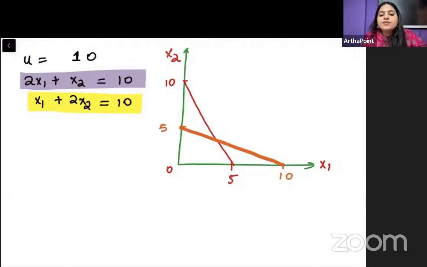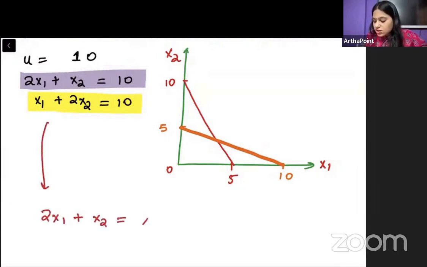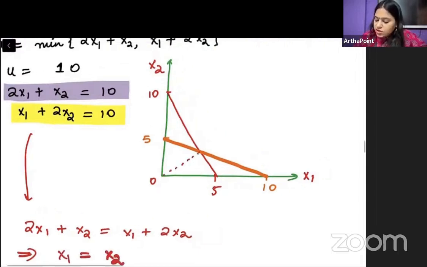Now I need to check where the two utility functions intersect each other. So to find the intersection of the utility functions, I will say 2x1 plus x2 is equal to x1 plus 2x2 and this will go ahead and give me x1 is equal to x2. So it means that the two utility functions intersect at x1 equal to x2.